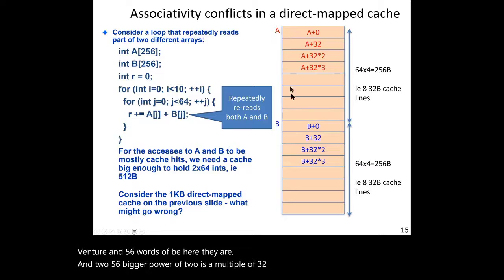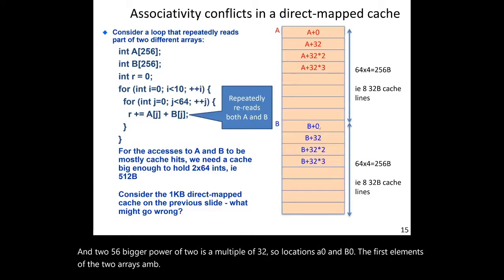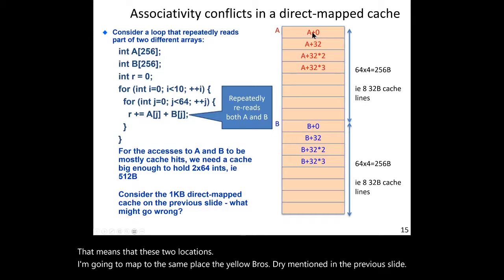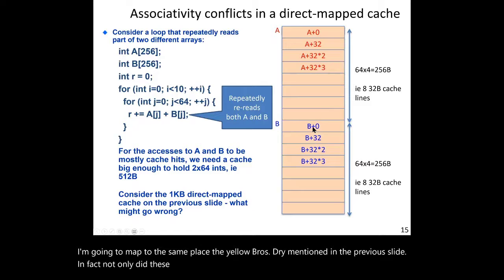So locations A0 and B0, the first elements of the 2 arrays A and B, have identical address bits in those 5 index bits that we use to index our direct mapped cache. That means that these 2 locations are going to map to the same place, like the yellow rows that I mentioned in the previous slide. In fact, not only do these 2 map to the same location, but these 2 map to the next location, but they both map to the same one.